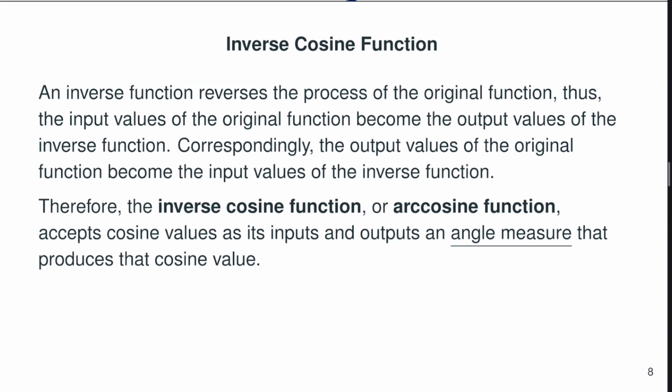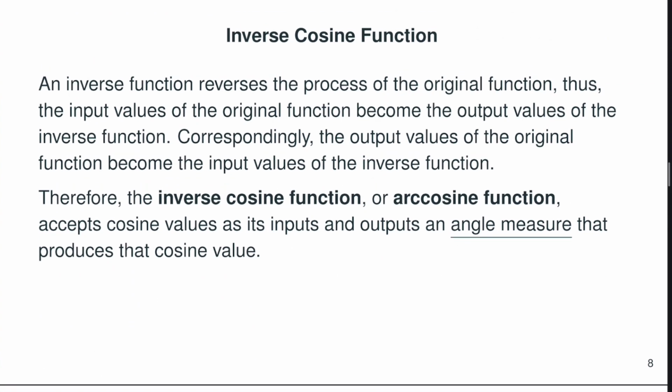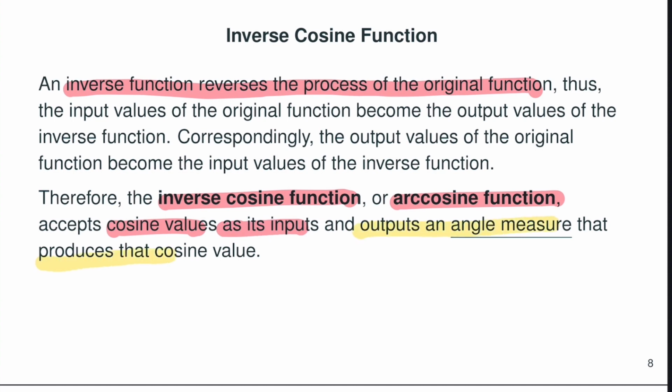So then let's look at the inverse cosine function. The idea is very similar. We're just inverting the cosine, which reverses the original function. The inverse cosine function, or arccosine, accepts a cosine value as its input, and the output is an angle measure that produces that cosine value.